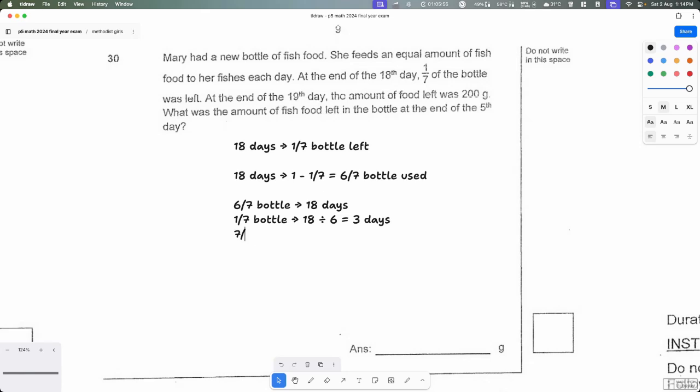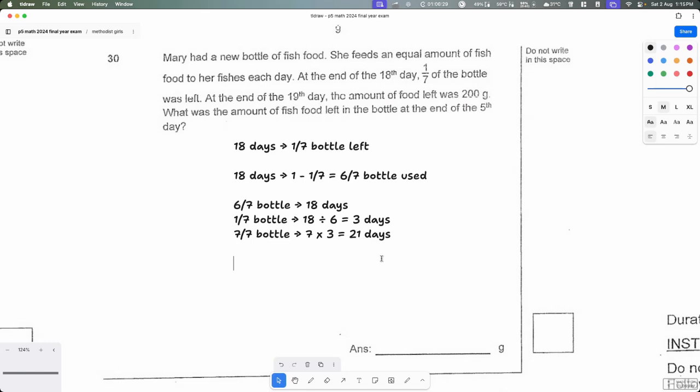So 7 out of 7, the whole bottle, is 7 times 3, which is 21 days. So now we know that the whole bottle can last 21 days. We also know that at the end of the 19th day, the amount of food left was 200 grams.